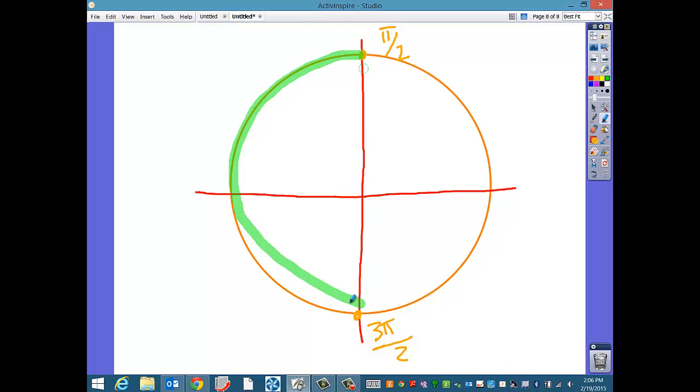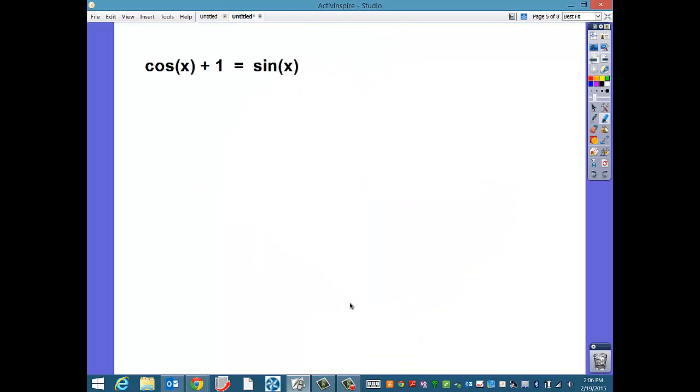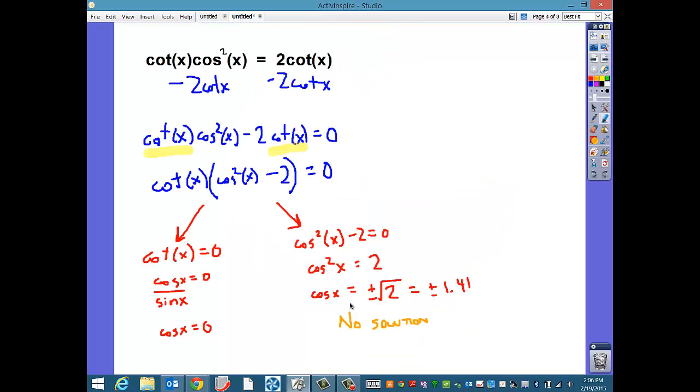And in so doing, I'll write it out a little bit more exactly, but what I'm getting is this complete set of all angles that are coterminal with both natural solutions, pi over 2 and 3 pi over 2, both positions. So here's what all that does for me.